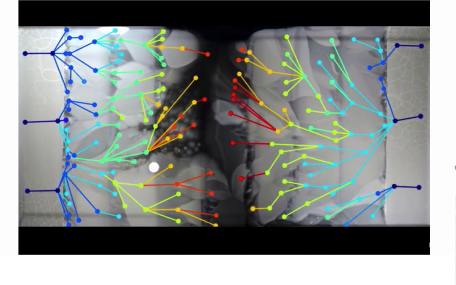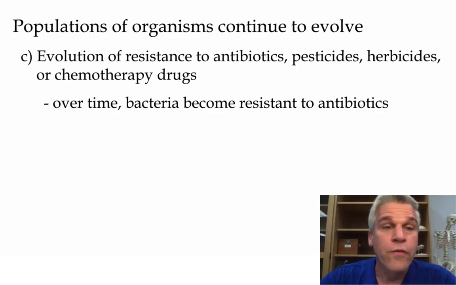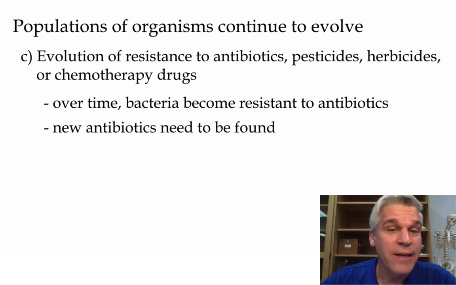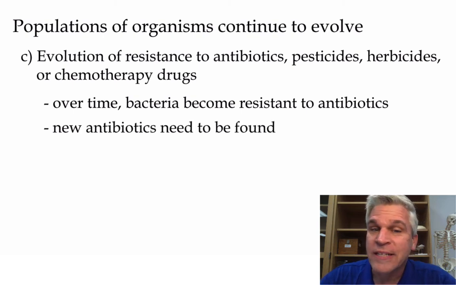And eventually, these bacteria were able to live in the areas that had 1,000 times the normal amount of antibiotics that would kill bacteria. They have become resistant. So over time, bacteria become resistant to the antibiotics. And this is why we always need to find new antibiotics, because once the antibiotic doesn't work anymore, it's not going to help us when we get sick.